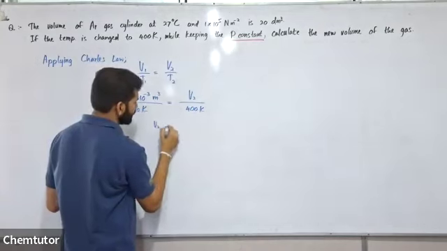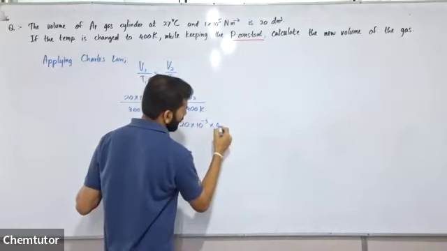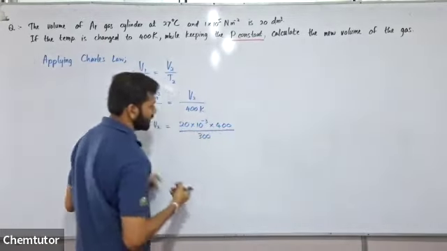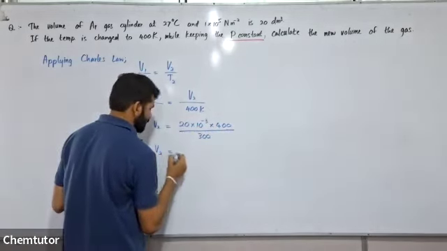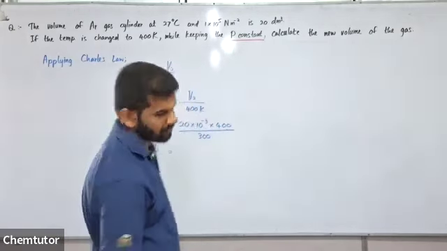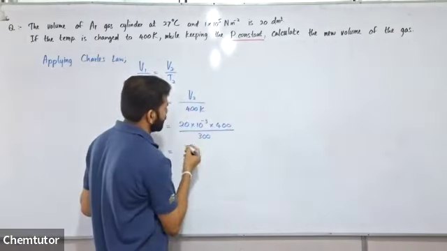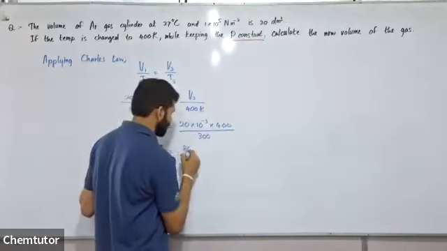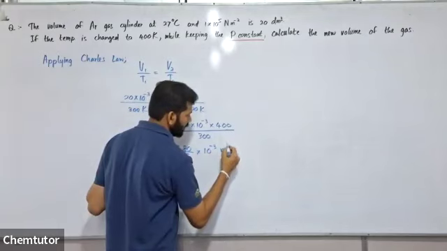And then V2 equals 20 into 10 to the power minus 3 into 400 divided by 300.